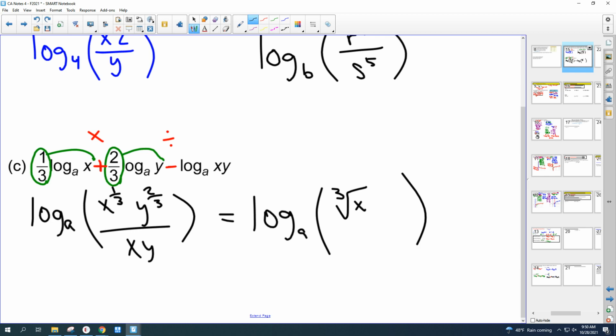But since the next one is the cube root of y squared, we could just do this. That's the cube root of y squared. And so the second way is probably the more preferred way of writing the answer, but they're both pretty much the same thing.